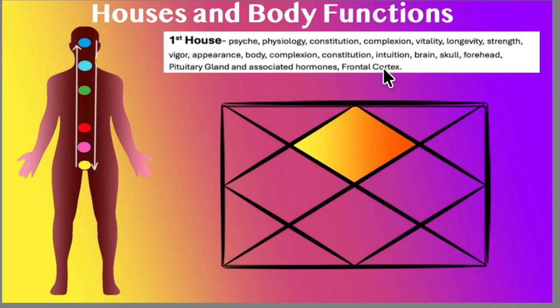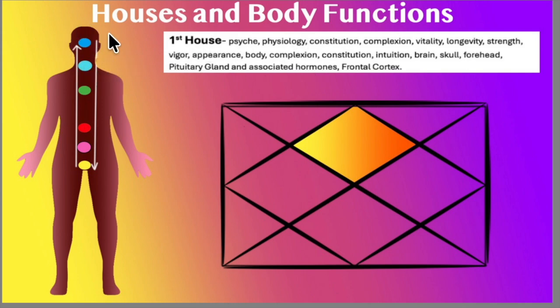Now, why I say this? I have done some deep research on this. This is all based on deep research, okay? So, in every house you will see there will be a corresponding brain or part of brain function or part of brain stem, etc., associated hormones, etc., covering each and every house. Why?